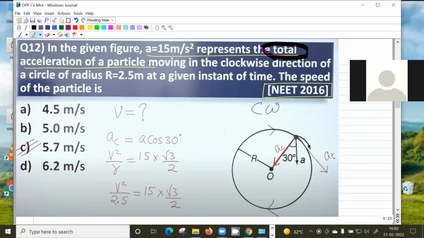He has given the figure also, so from that we can find the centripetal acceleration and tangential acceleration. And from centripetal acceleration, you can find the velocity.